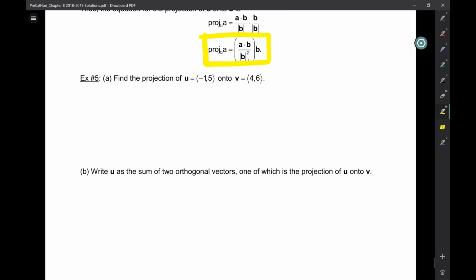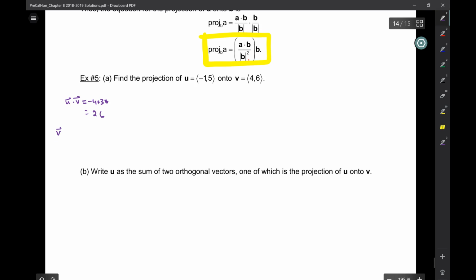All right, so let's do projection here. What do we need for the projection? We need U dot V, which is -4 plus 30, 26. And then I need magnitude of U? Do I need magnitude of U?